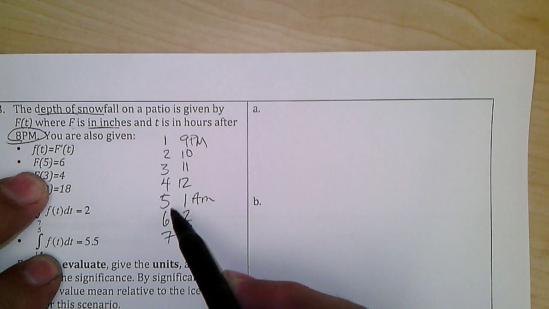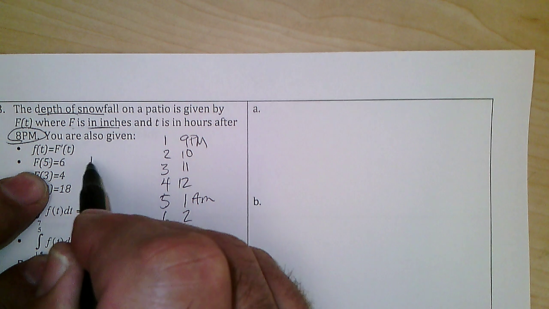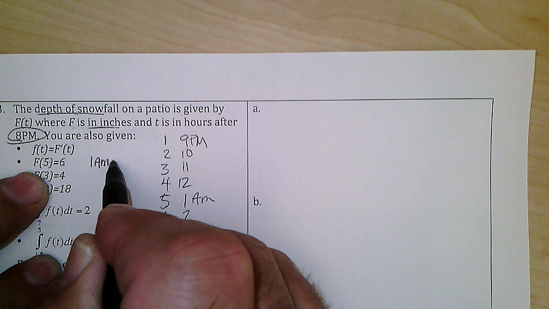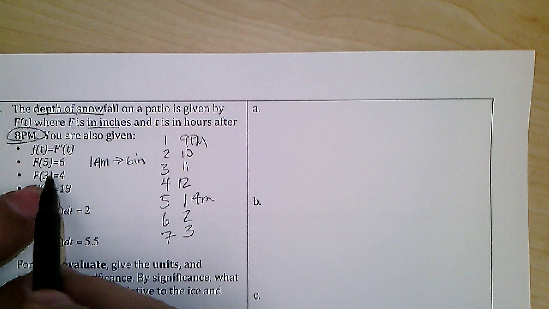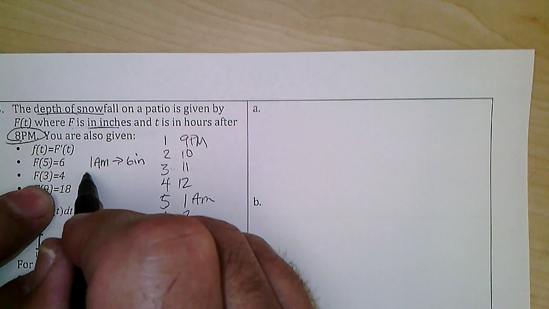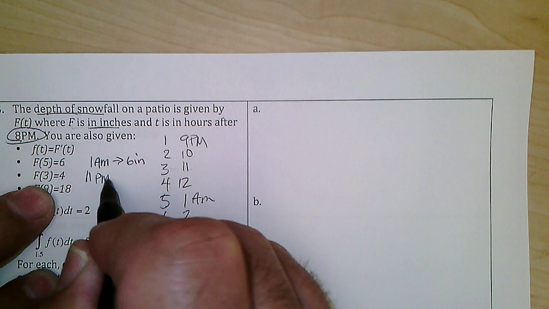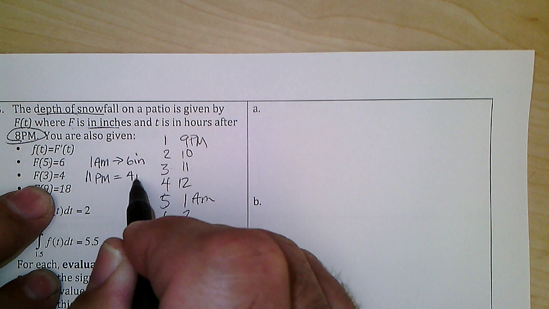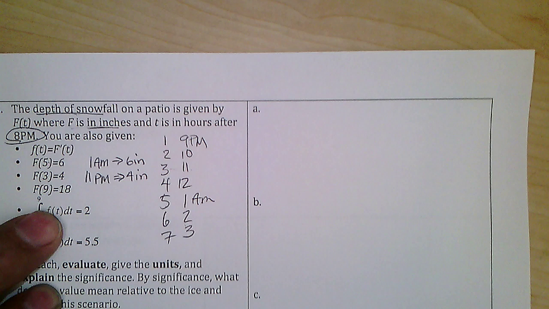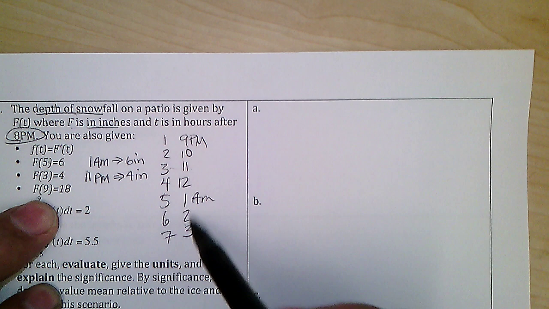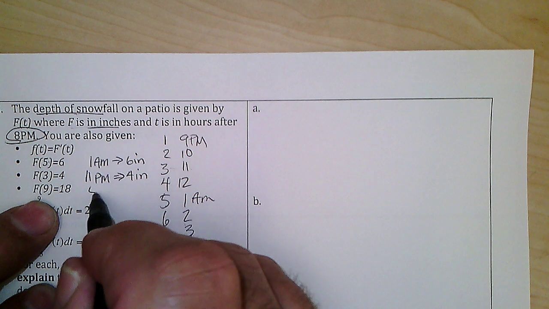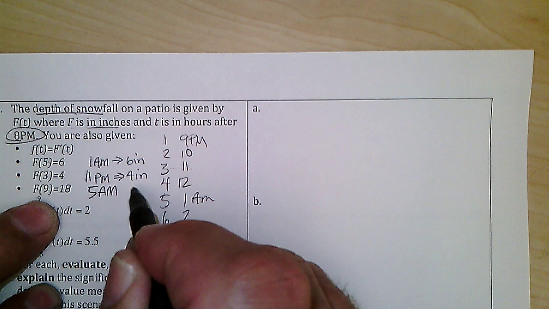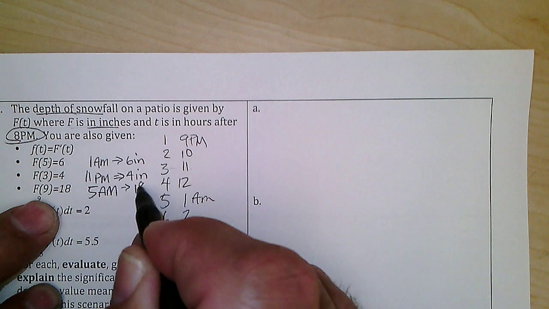At F of 5, which is 1 a.m., 6 inches. At 11 p.m., there is 4 inches. At 5 a.m., there's 18 inches.